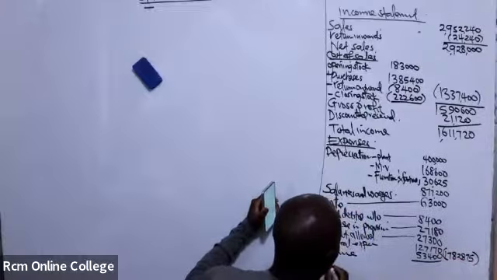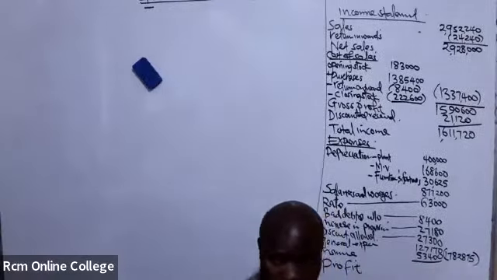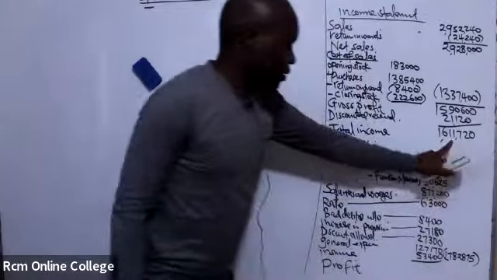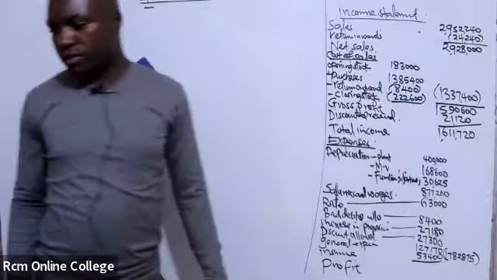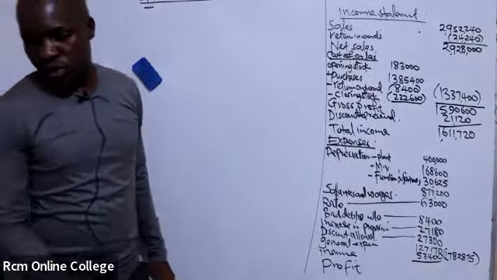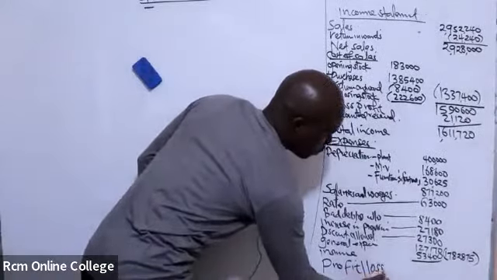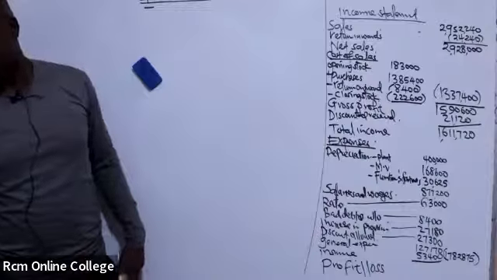So can we get profits? What's our profit? 11,720 minus 17. Profit or loss? So the difference will be a negative.